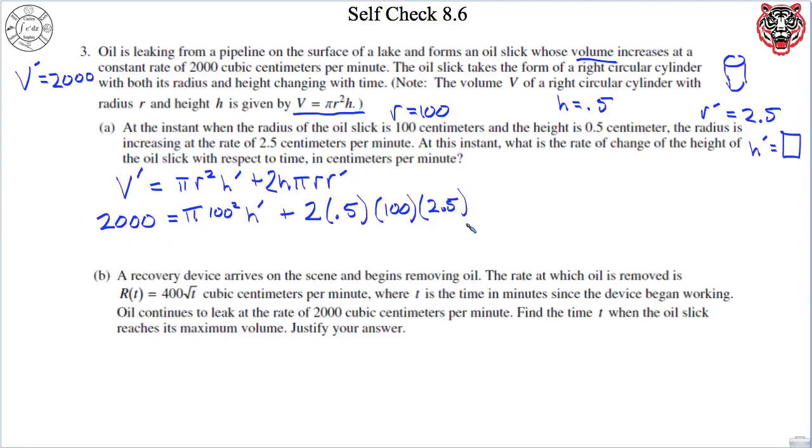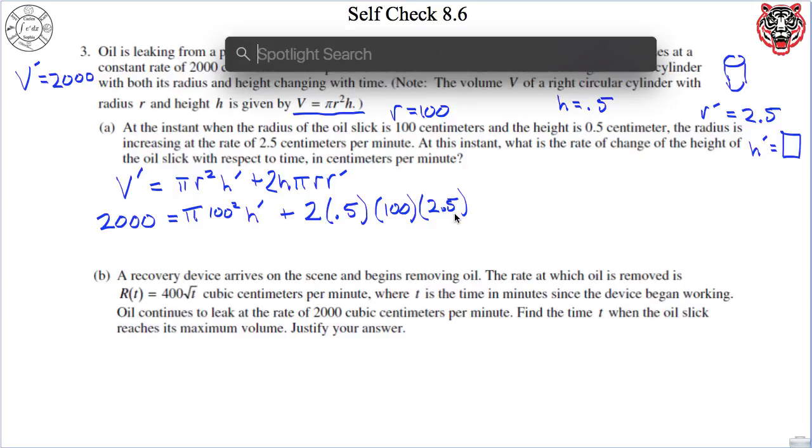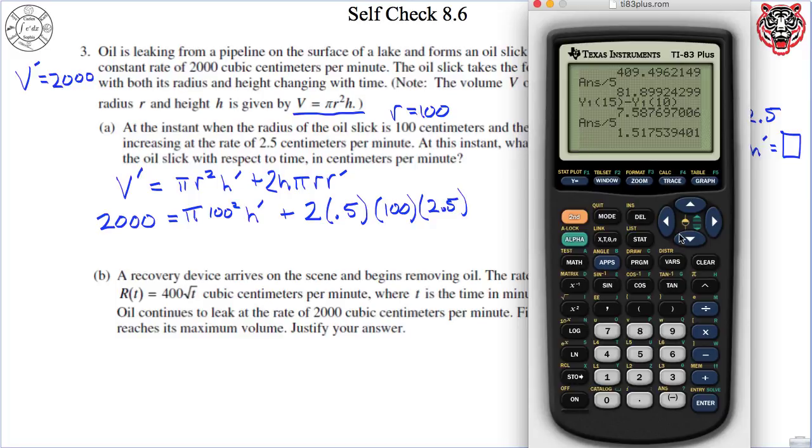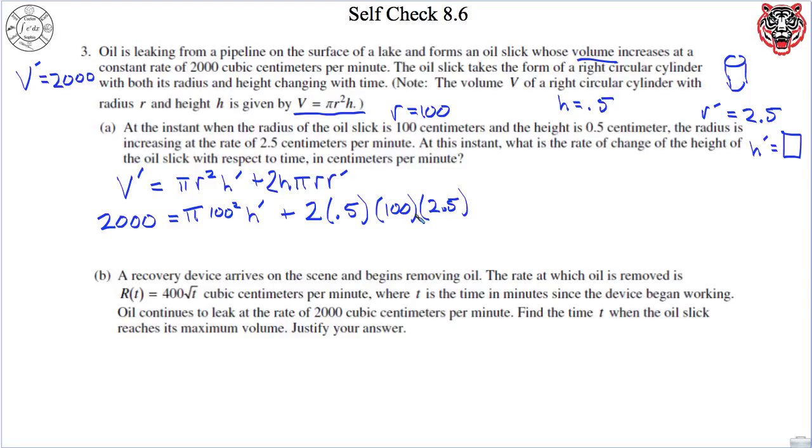So let's multiply all these together first. You shouldn't need a calculator for this, but I'm going to use it just so I can speed this up because we're almost out of here. Actually, you don't need a calculator. It should be 2.5 times 100, which is 250, right? Because 0.5 times 2 is 1, 1 times 100 is 100, 100 times 2.5, move the decimal place to the right, is 250. So this whole thing is 250.